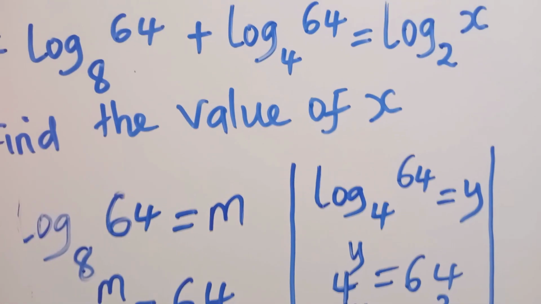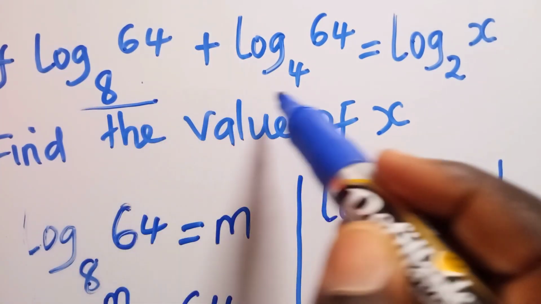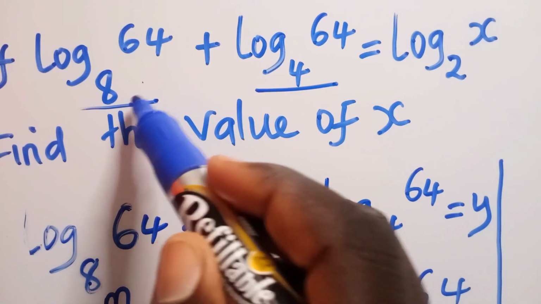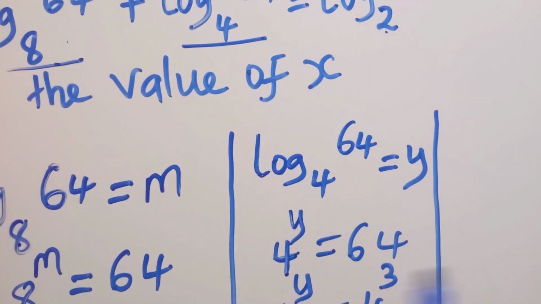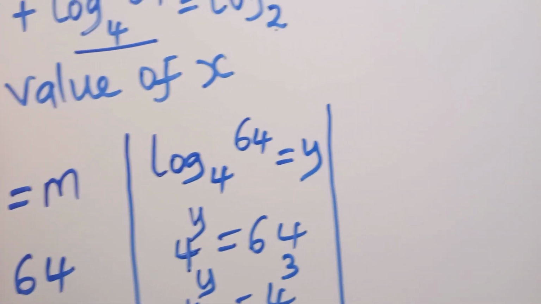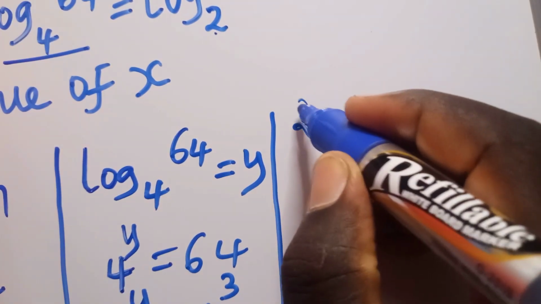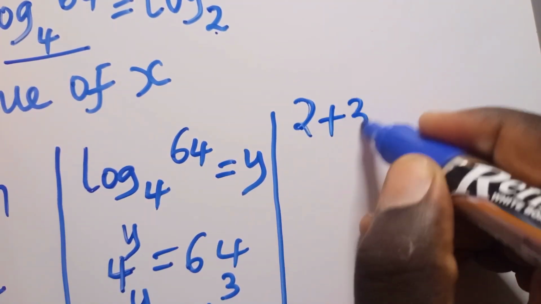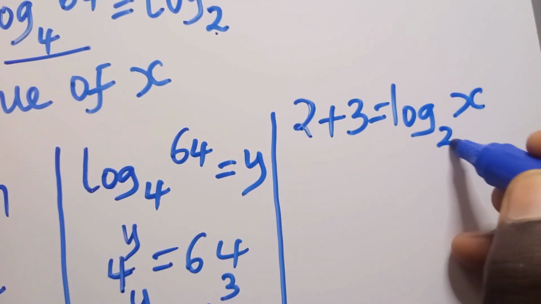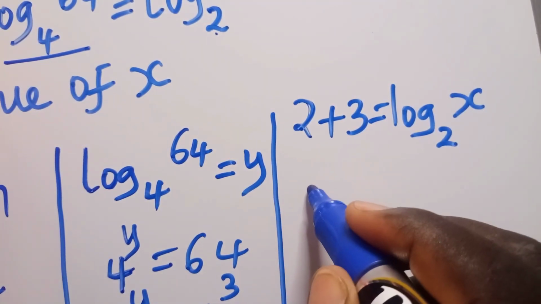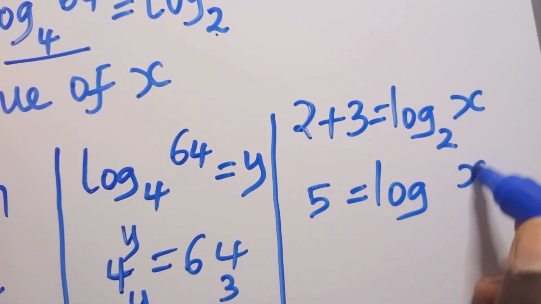Now we shall have 2 plus 3 equals the logarithm of x base 2. And 2 plus 3 is 5, equals the logarithm of x base 2.